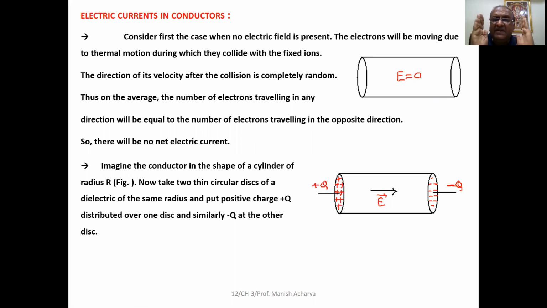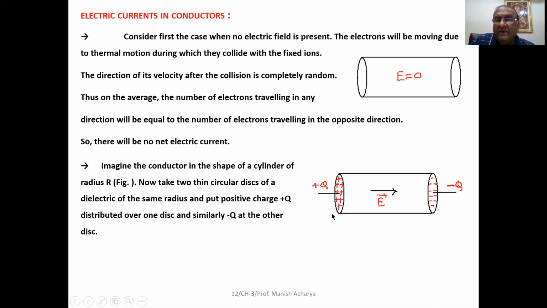It implies that one plate is made positively charged, another plate is made negatively charged. Now, attach both these plates to the ends of the conductor as shown in the figure.